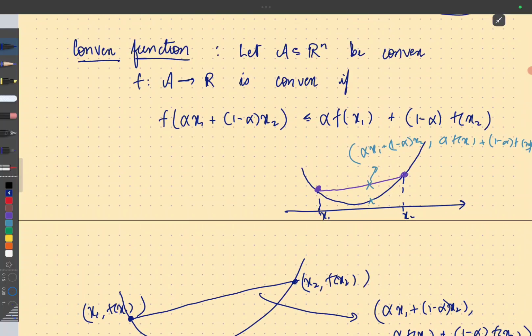There's also a minor point. The function is said to be strictly convex if this inequality is a strict inequality at all points except alpha equal to 0 and alpha equal to 1.